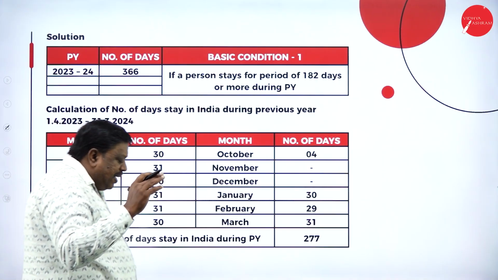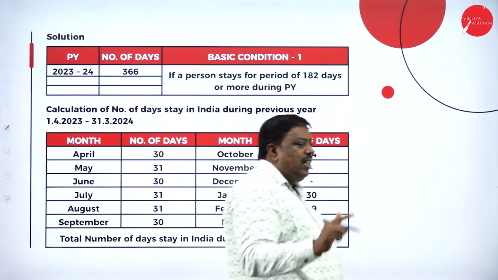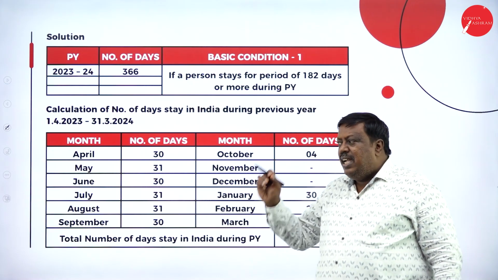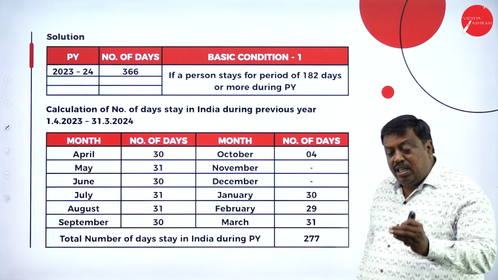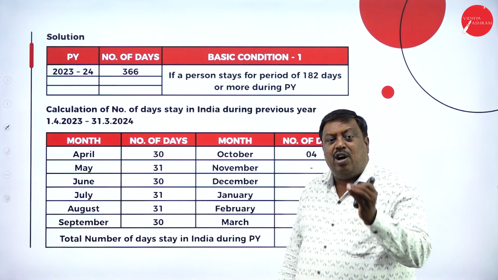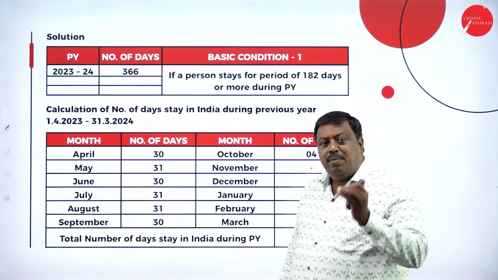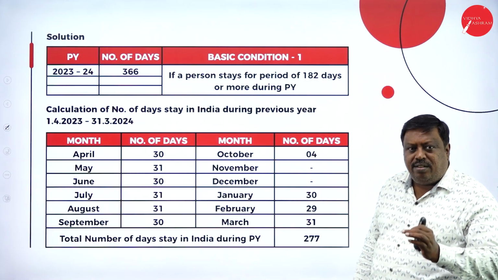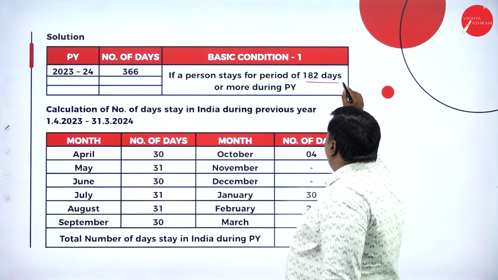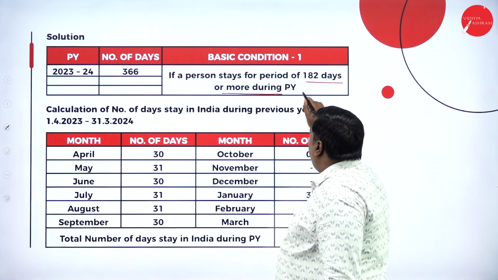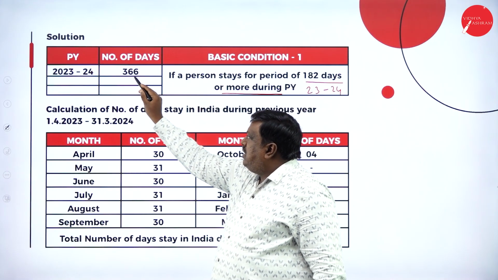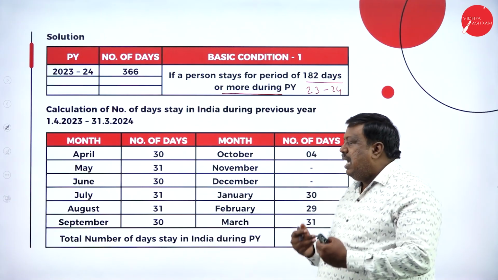The first basic condition as per the Income Tax Act of 1961 says that he or she should have stayed in India for a period of 182 days or more during the previous year, that is 2023-24. So out of 366 days, how many days was I in India?